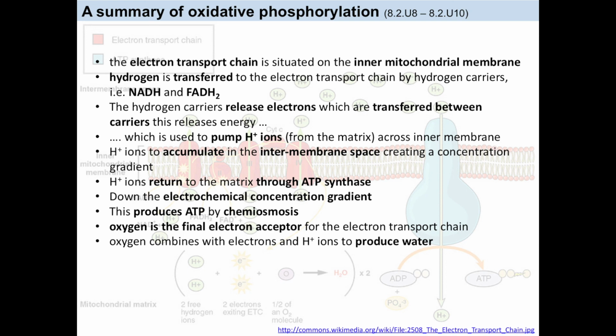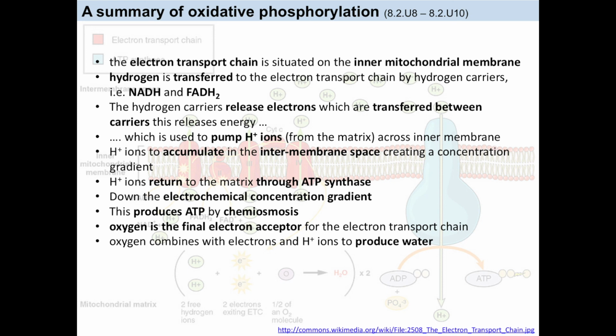This energy is used to pump protons from the matrix to the intermembrane space. Protons will accumulate in the intermembrane space, therefore resulting in a concentration gradient. And then once you have a gradient, the ions go back to the matrix through where? ATP synthase. This produces ATP by chemiosmosis.